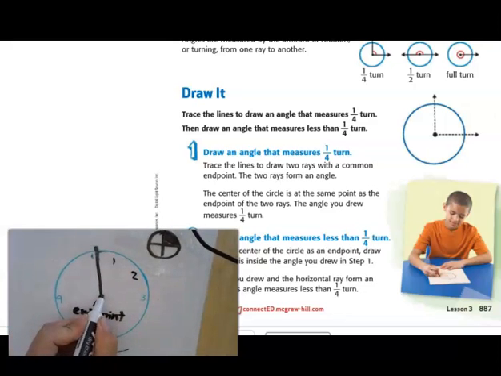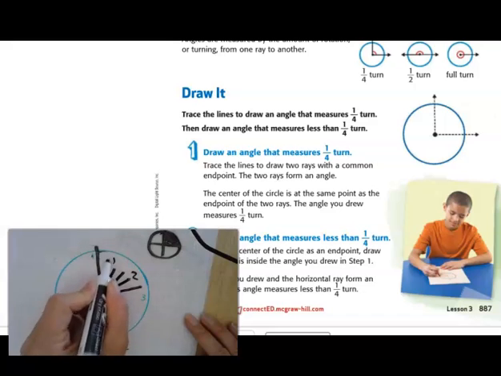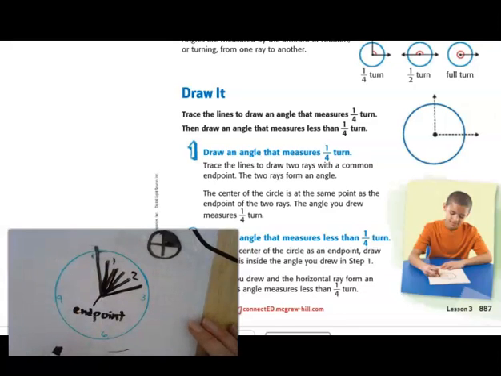So I could make it anything, anywhere in here, as long as it does not reach this right angle that would be straight out, that would make the quarter circle there. So any of these rays that you see are reasonable for the directions they've given on number 2. Anything is less than that quarter turn. Hopefully that will help you. You can choose one of those to do your own, for example, number 2 that's shown there.